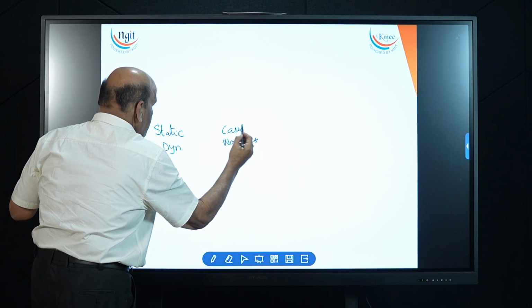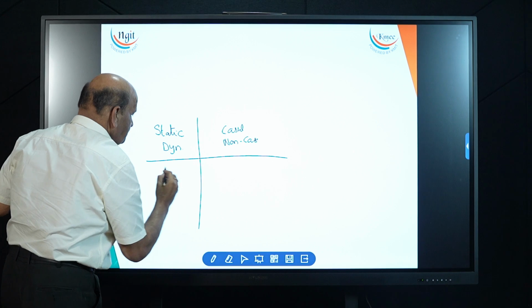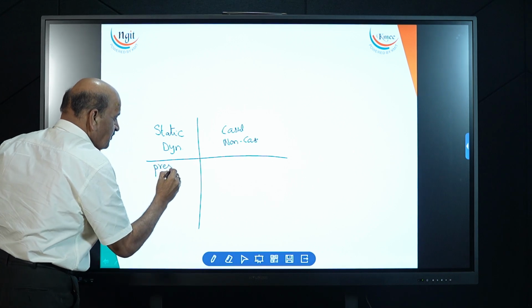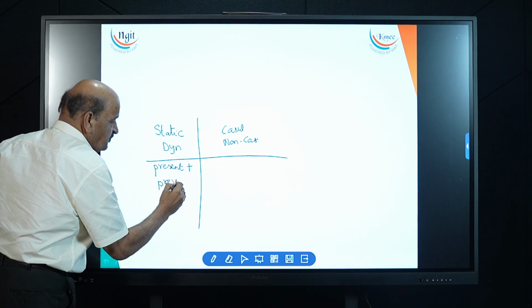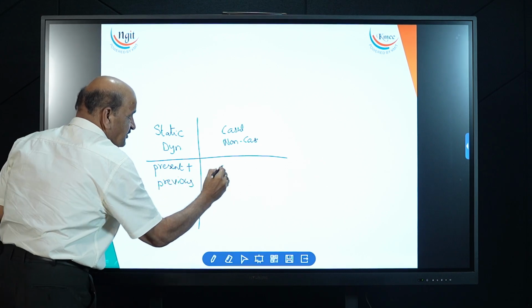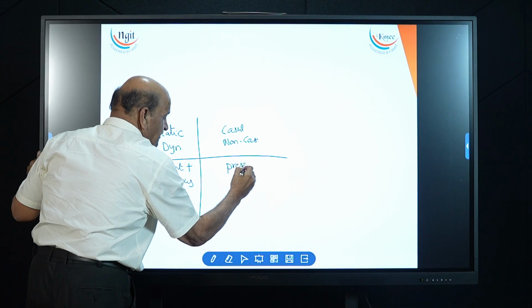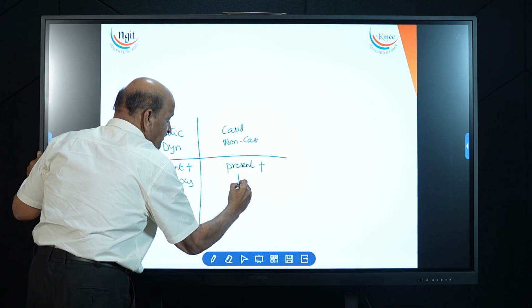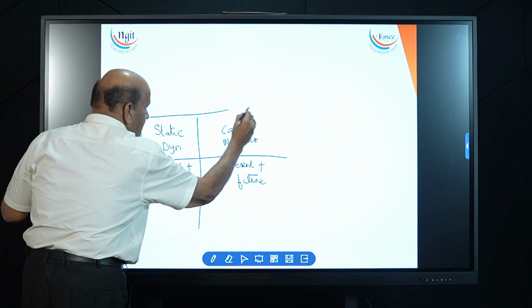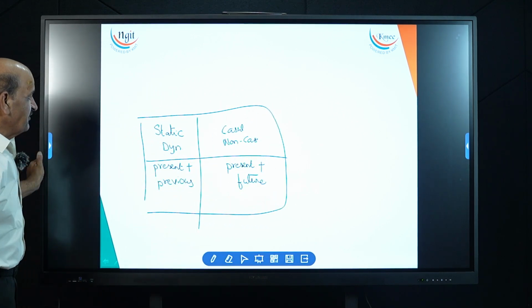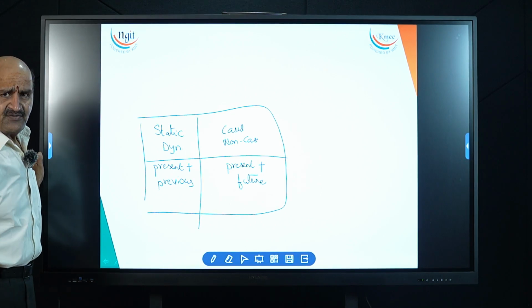One important thing you have to note is the main difference between static, dynamic, and causal, non-causal. Now just look: the present plus previous concept, these two are based on present plus previous. Here the concept is based upon present plus future. This is the important difference between static and dynamic systems, and causal and non-causal systems.